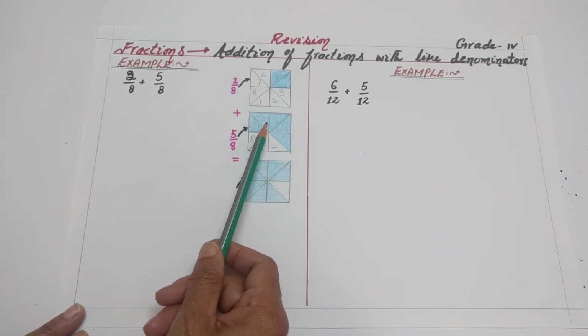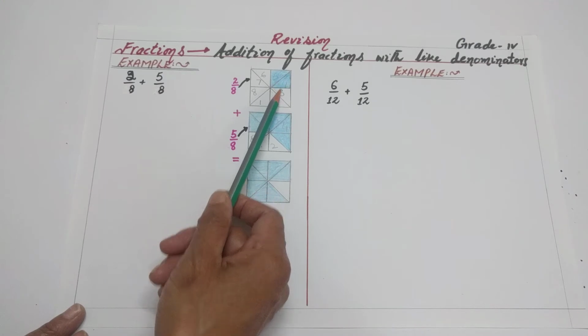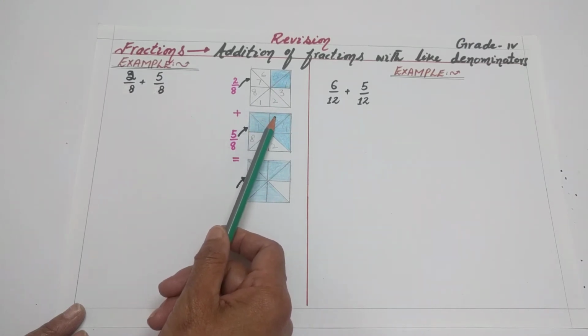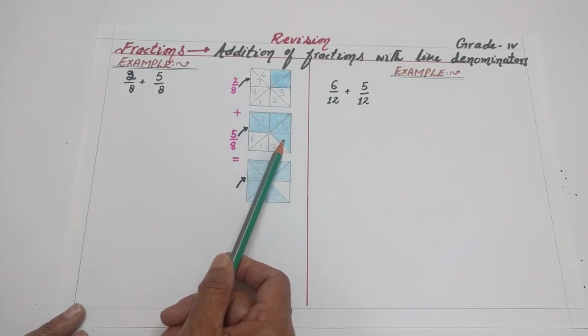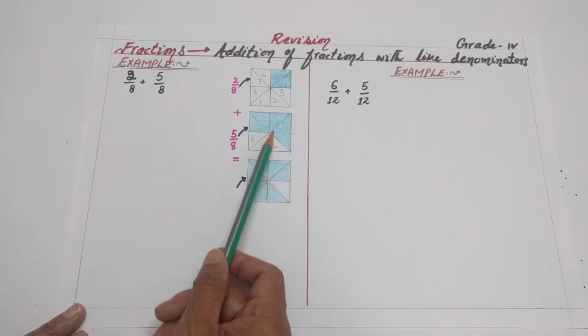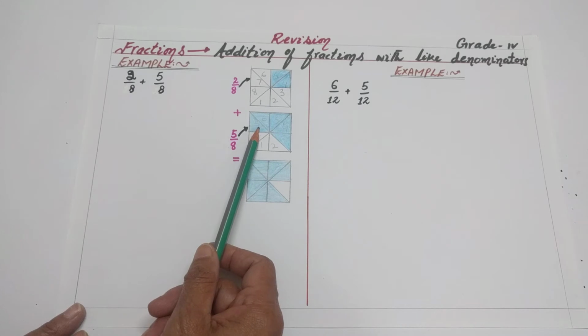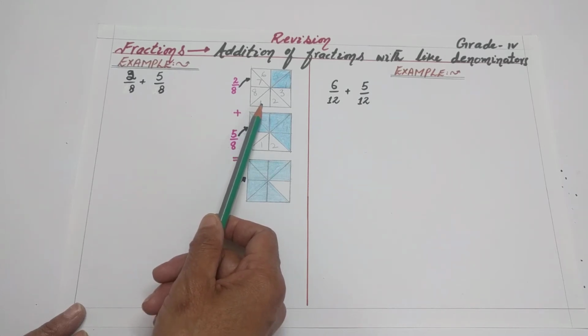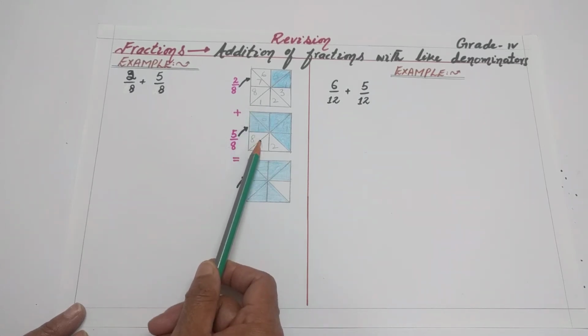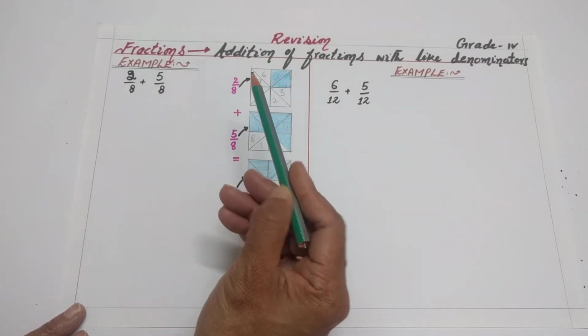So how many shaded parts are here? 1, 2, 3, 4, 5, 6, 7. Total shaded parts are 7. Why? Because as the denominator is same, in the first shape we have 8 equal parts, and in the second shape we again have 8 equal parts. That's why we can easily combine these two shapes.